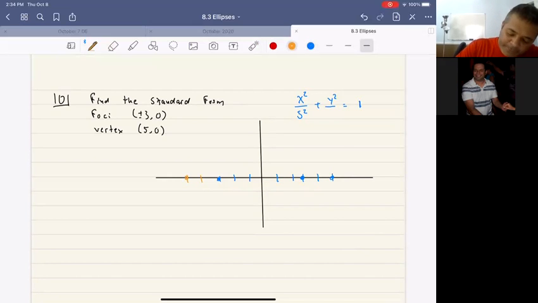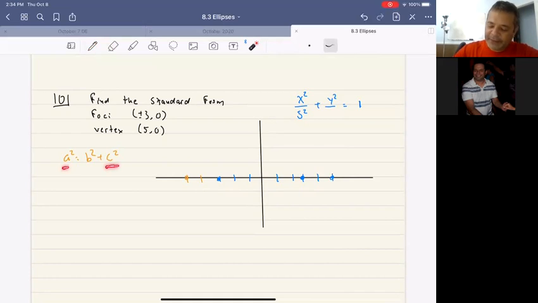Now how do we find b? We know that a squared should equal b squared plus c squared. We know a and c: a is 5, c is 3.